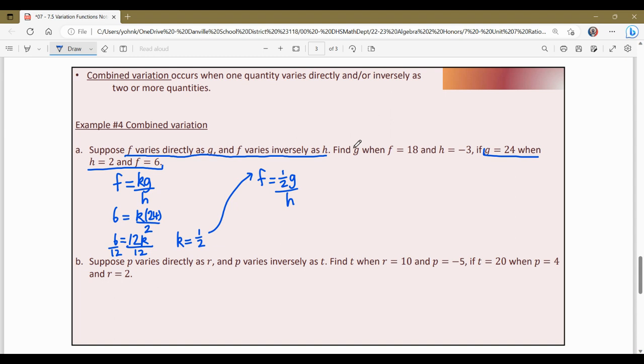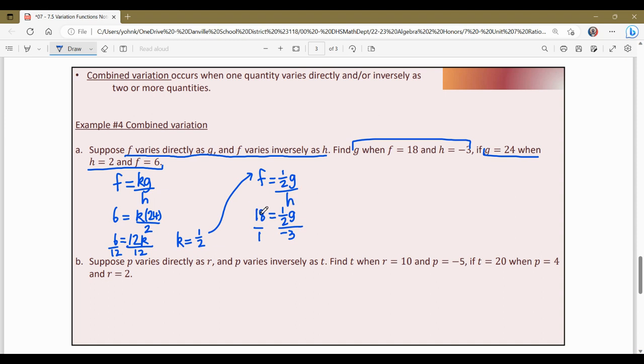So now we're going to use the rest of the problem to find the answer. So we're going to find g. Let's see, f equals 18. So 18 equals 1/2, we're trying to find g, and our h is -3. Okay, I'll show you a different way to go about solving this. I'm going to put a 1 underneath, and I'm going to cross multiply.